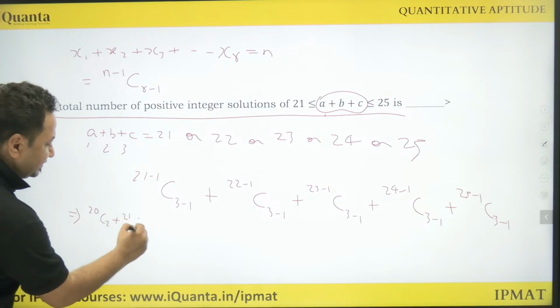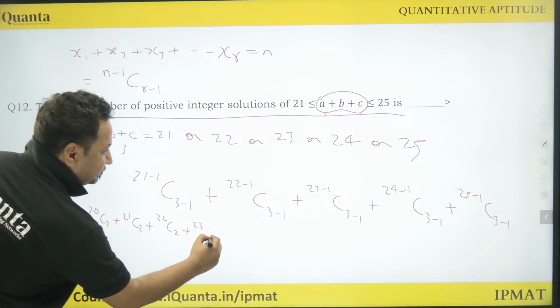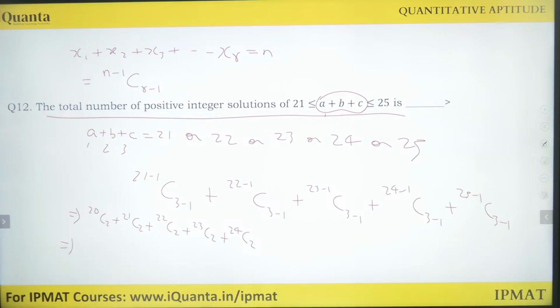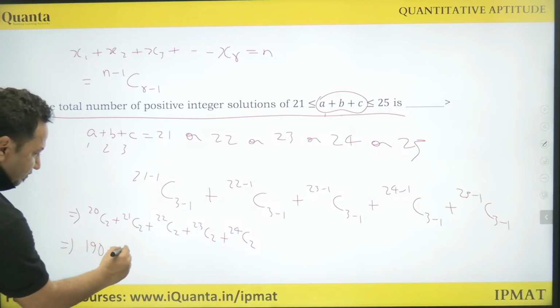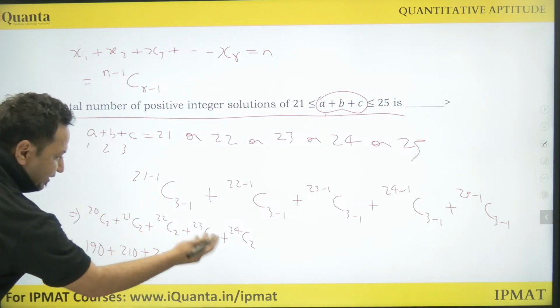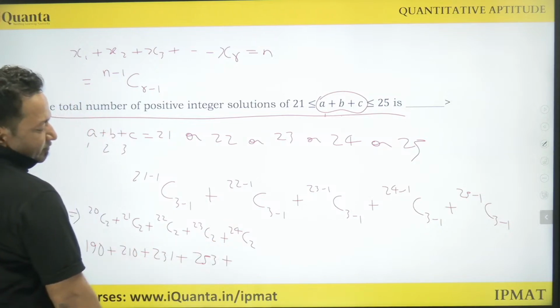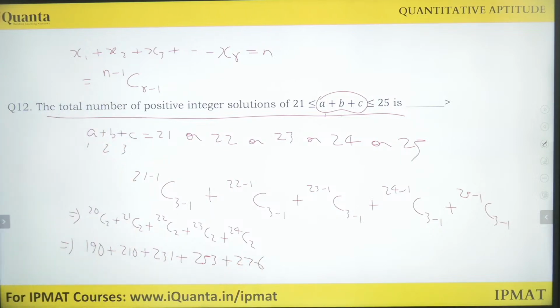20C2 plus 21C2 plus 22C2 plus 23C2 plus 24C2 is what we have. Let's calculate all that. 20C2, how much is it? 190. 21C2, 210. 22C2, 231. 23C2, 253. 24C2, 276. Did I do that right?